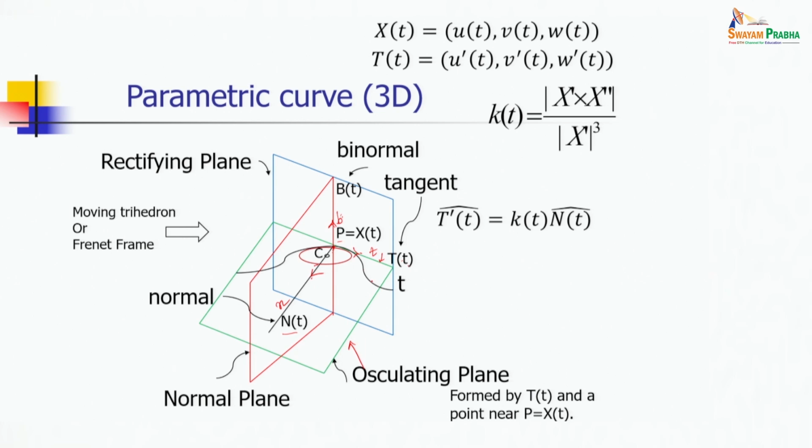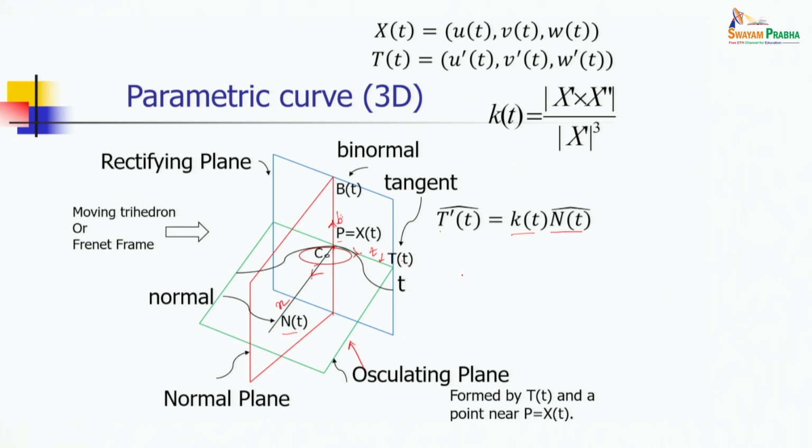And there are some relationships between these three entities, tangent, normal and binormal. If I consider the derivative of the tangent along these directions, that would give you the curvature along the normal.